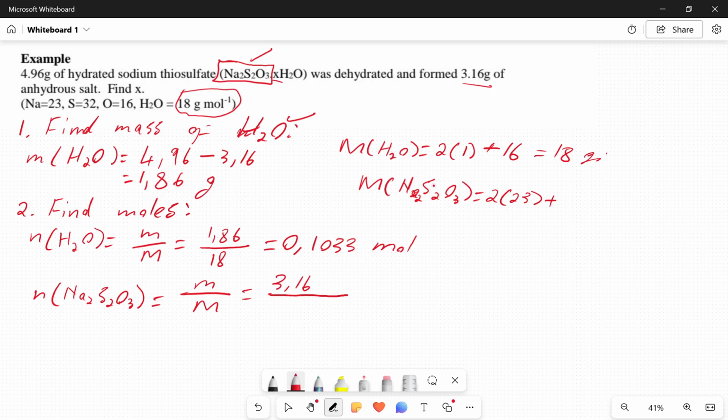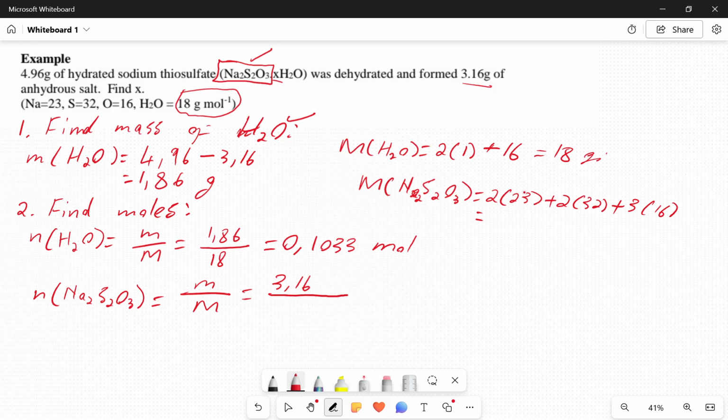How many sulfurs? 2 sulfurs multiplied by their molar mass plus how many oxygens? 3 multiplied by the molar mass. How do I know these? The numbers at the bottom represent the number of atoms. So I multiply the number of atoms by the molar mass, okay, to get my total molar mass. So let's quickly do this calculation.